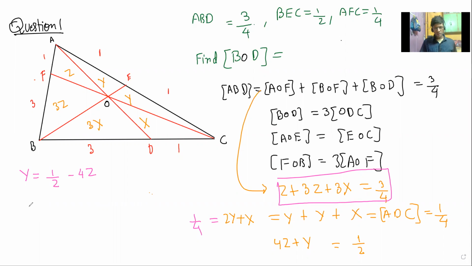So you can replace the y. So 2y is equal to 1 minus 8z. So I'll replace that in this equation. So this equation will become, I'm replacing the 2y by 1 minus 8z.